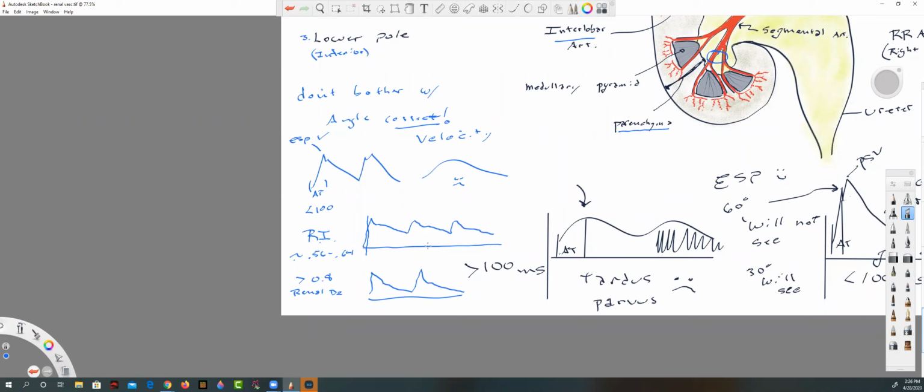And so that actually could be an indicator of a vascular problem, because if the parenchyma is starving for blood, then it wants more blood, so the arterioles open up, and then you have unusually low resistance. Once again, though, not a normal part of the exam. It is something that most people will do in the exam. But if you really think about it, it has nothing to do with renal artery stenosis.